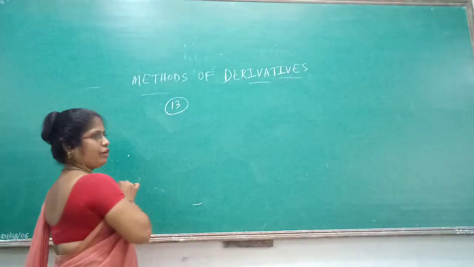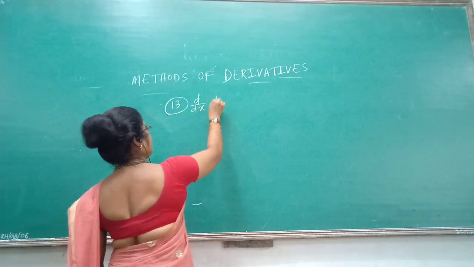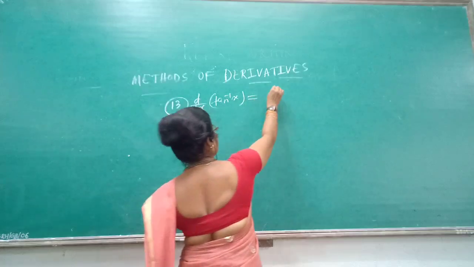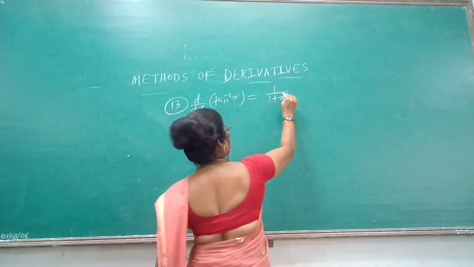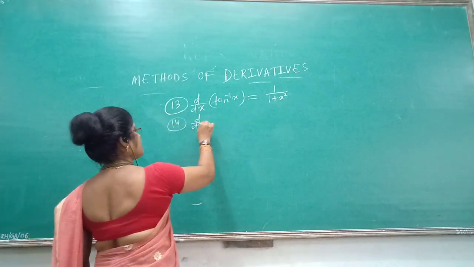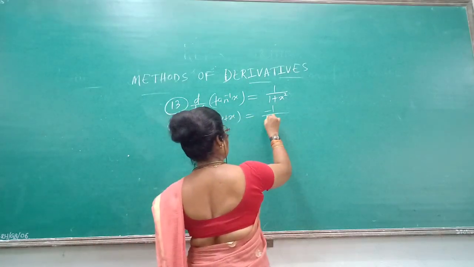Next, trigonometric inverse functions, that is d by dx of tan inverse x is 1 by 1 plus x square, d by dx of cot inverse x is minus 1 by 1 plus x square.